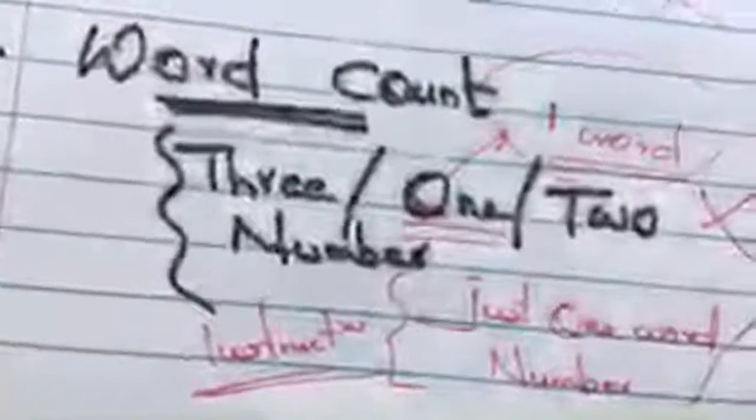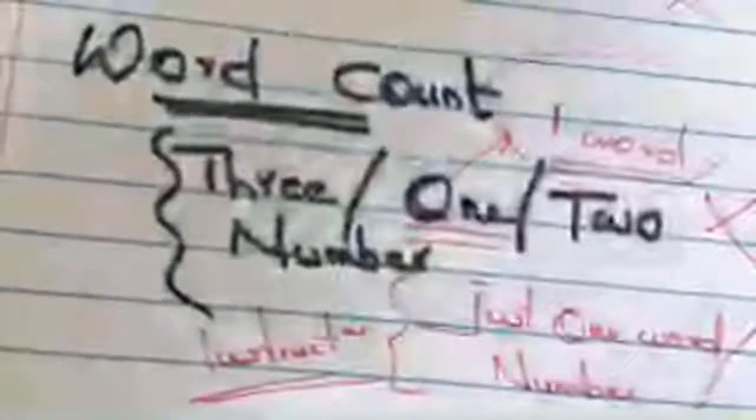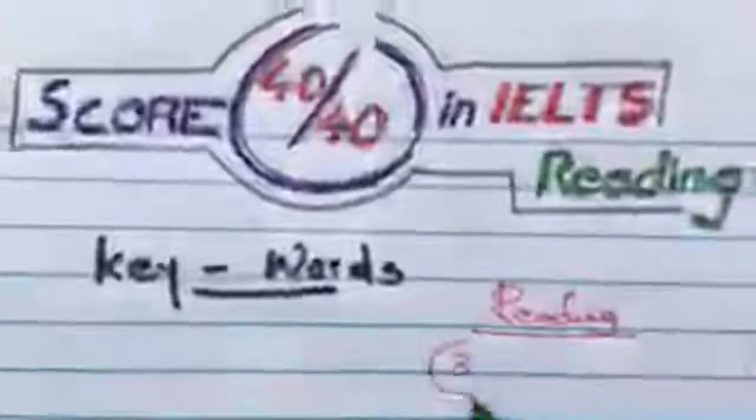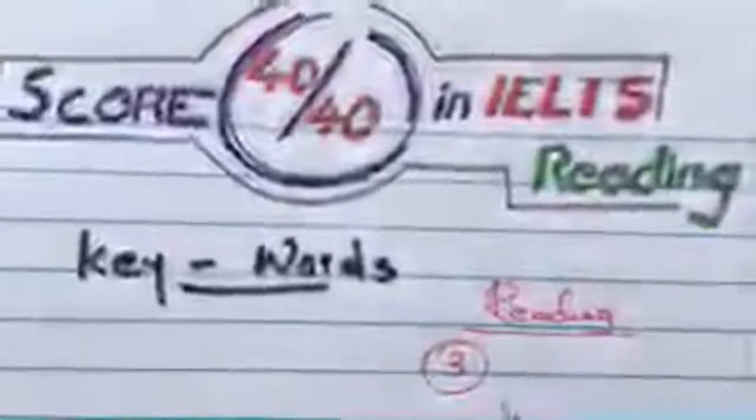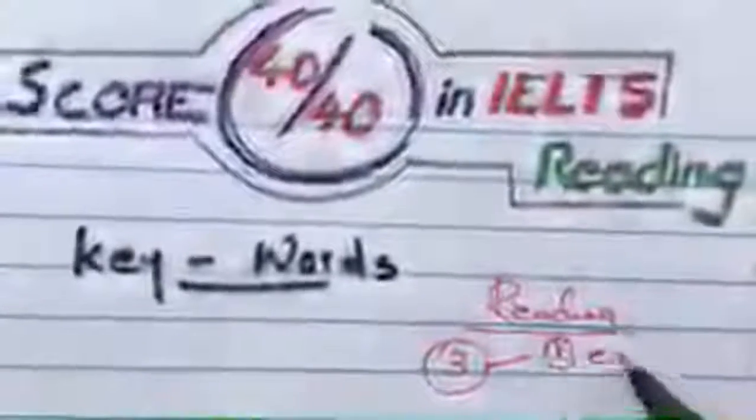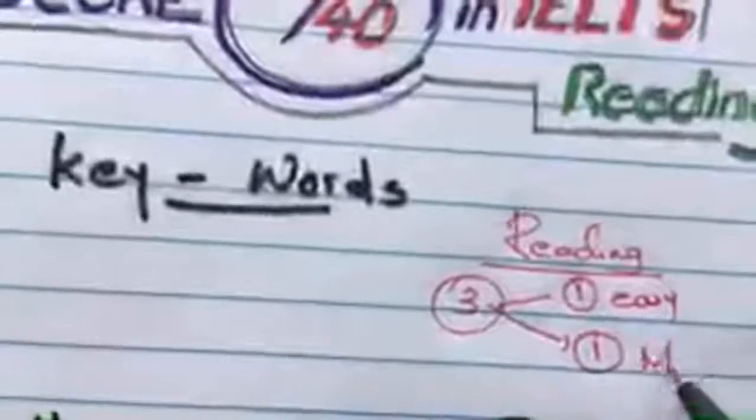And on top of that, I would like to say that in your reading, there are three passages, right? One would be easy, I found this way, one can be of moderate difficulty, and one can be quite difficult or quite hard.